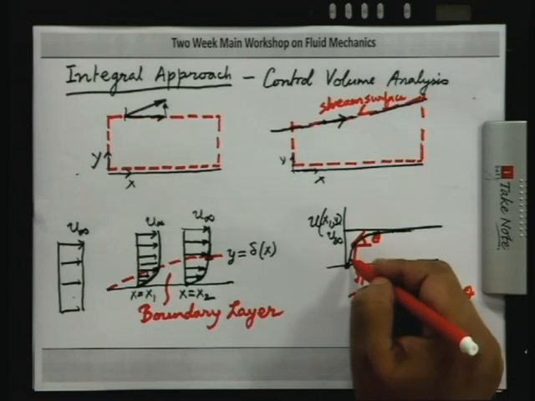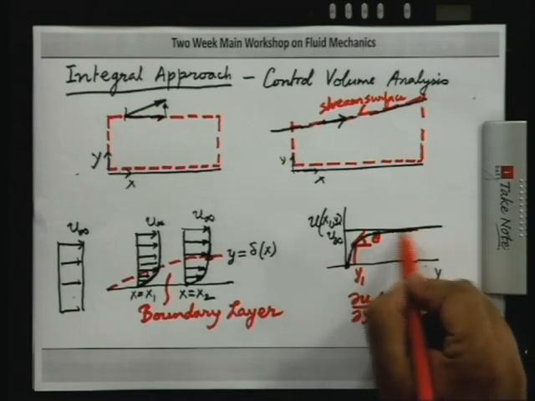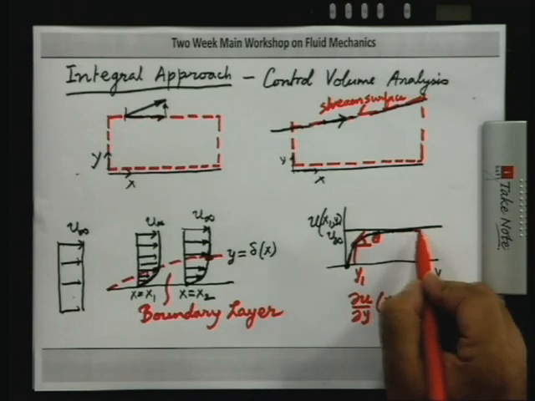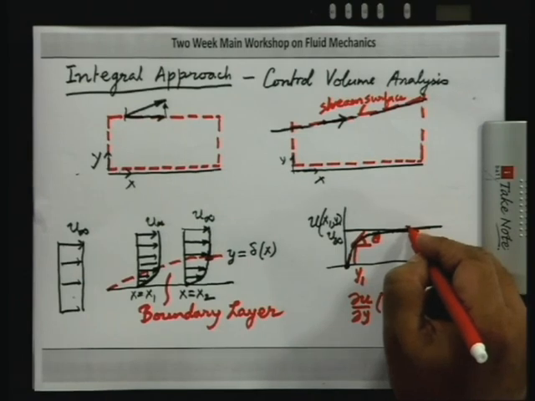Now, you can see that the largest slope is occurring at the wall, and at infinity the slope is 0 because the angle is going to 0. So, here tan theta is 0. So, this is the region where u is not changing with y, or del u del y is 0.